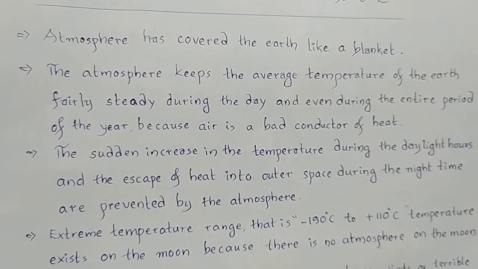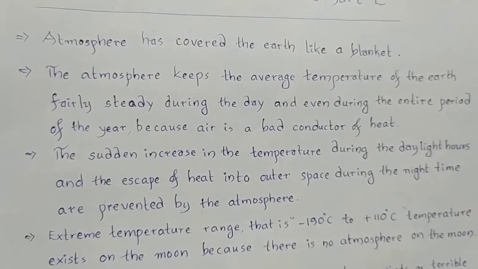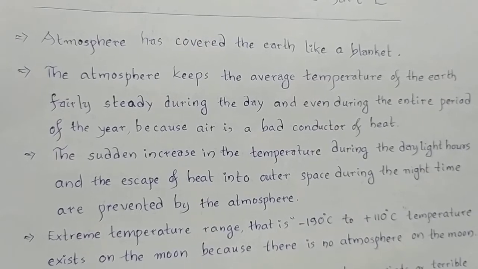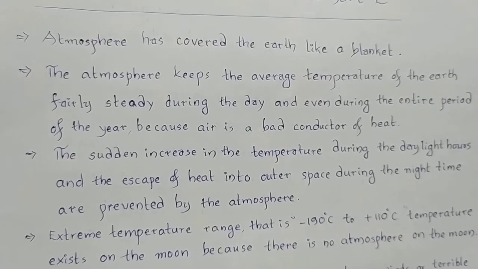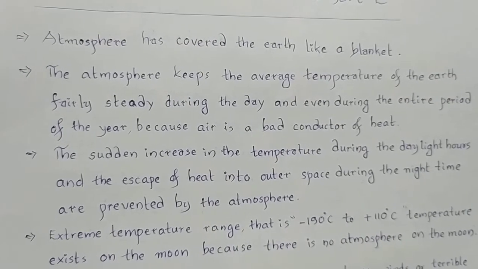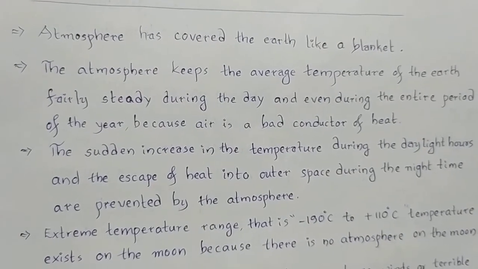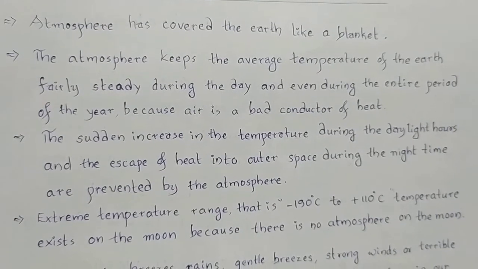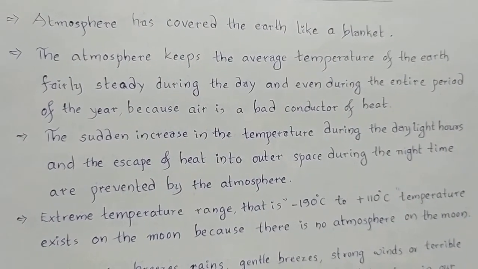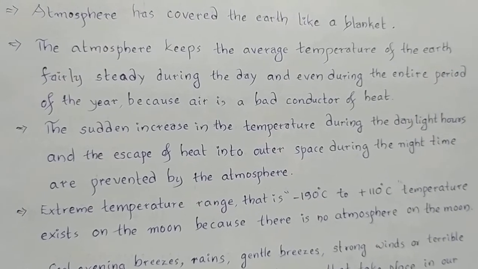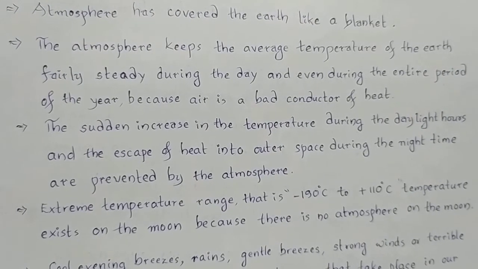So, as the atmosphere has covered the earth like a blanket, excessive heat cannot penetrate into the earth. In the same way, whatever heat is entering the earth cannot escape, because air is a bad conductor of heat.